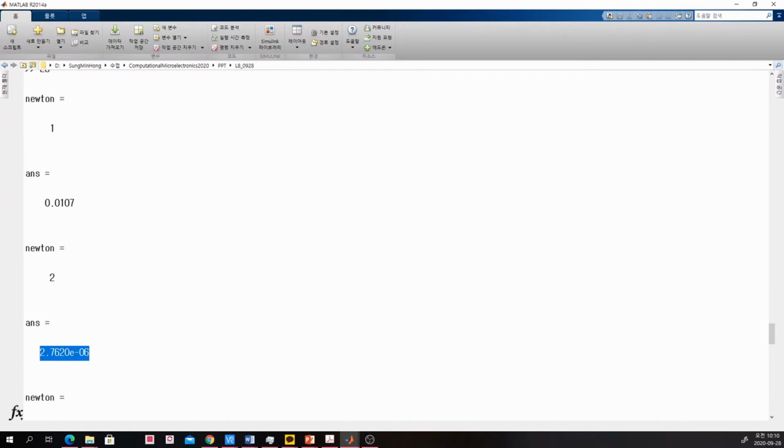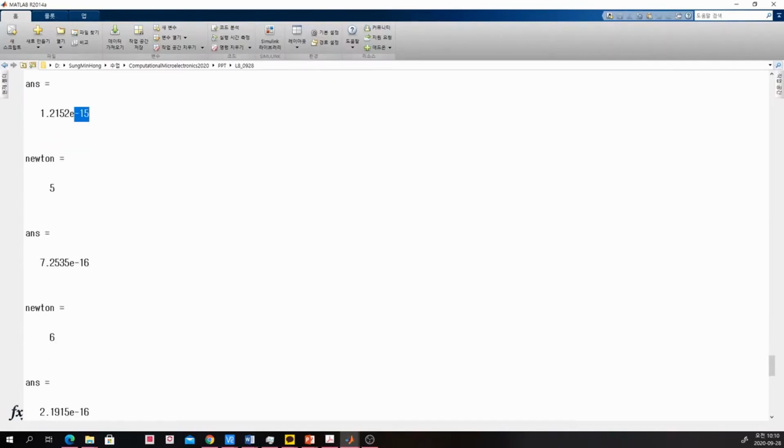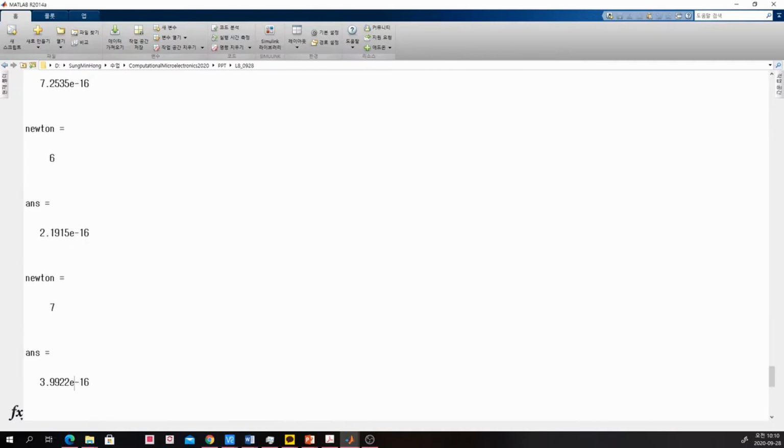Oh, we have almost 4 orders of magnitude decrease in its magnitude. And after that, already in the third Newton iteration, we are quite close to the limit of double precision numbers. You can see 10 to the minus 13, 15, 16. After that, this number is just saturated around 10 to the minus 16. So even at the end of our Newton procedure, we still have 10 to the minus 16.